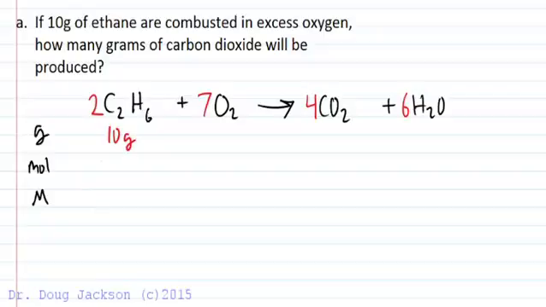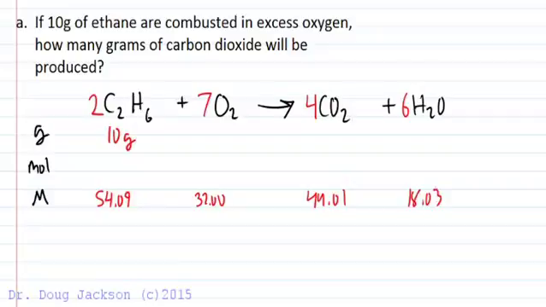If we add up all the atomic masses, we get 54.09 grams per mole for ethane, 32 for oxygen, 44.01 for CO2, and then 18.03 for water.